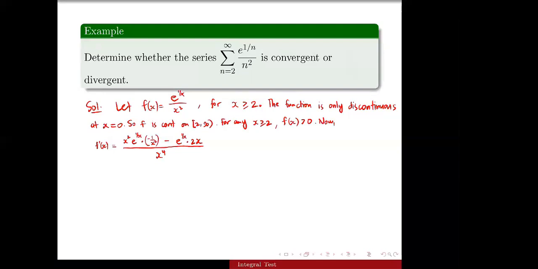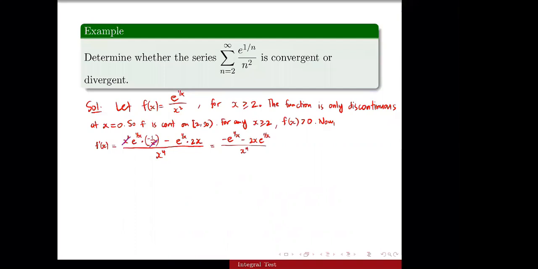Notice this cancels this. So we will have, don't forget the negative there, negative e raised to 1 over x minus 2x e raised to 1 over x, divided by x to the 4.